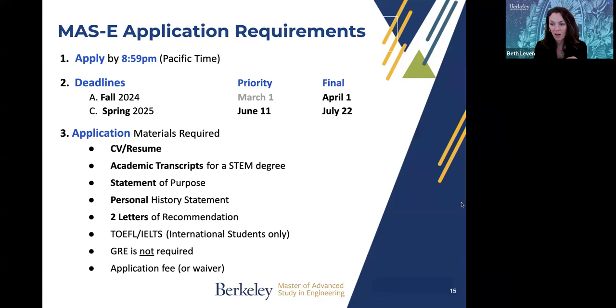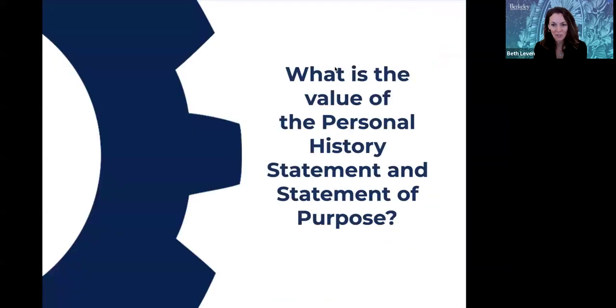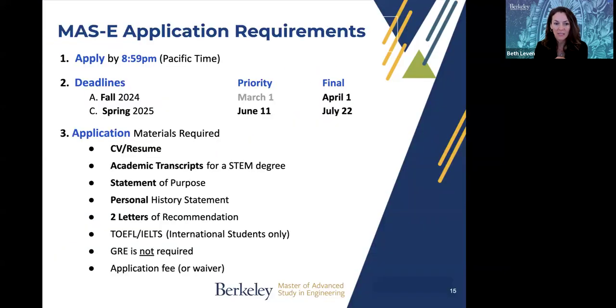One is this fall, and that deadline is April 1st. Also, if that's a little bit too soon or you don't want to start in fall, the opportunity to start in spring 2025 semester, that application is open through July 22nd. So those are two opportunities for starting the program.